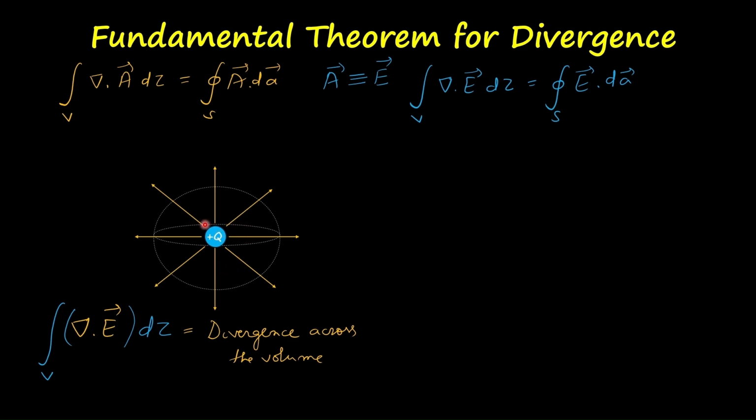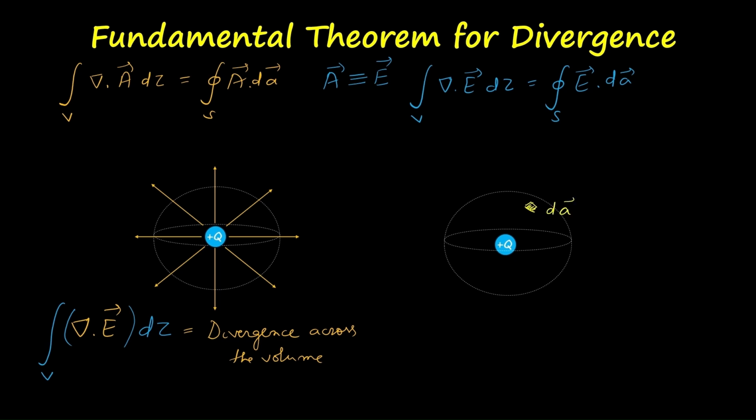So whatever field lines are coming up from this plus Q, they are contributing to the divergence as well as passing through the surface. Now let us come back to the term on the right hand side. So for this, let us take a small area element here.